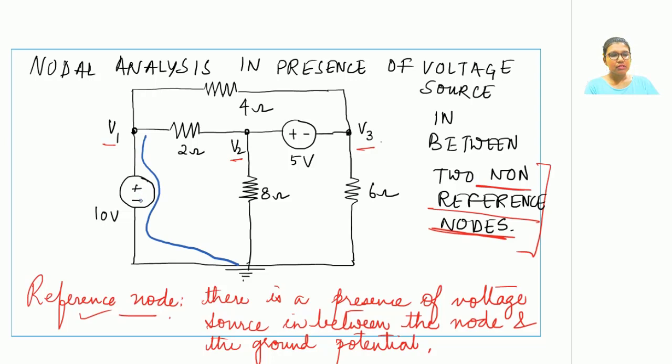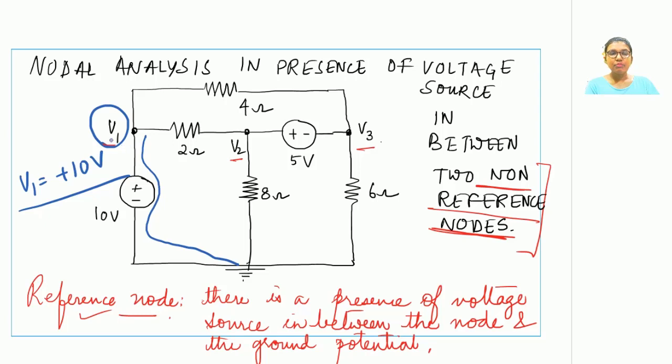Because there is the presence of a voltage source in between the node and the ground potential. Hence, V1 is called a reference node. And what will be the value of V1? The sign of the voltage source which is closest to the node is plus. So V1 will be assigned plus 10 volts. This is how we assign a particular value to the reference node.